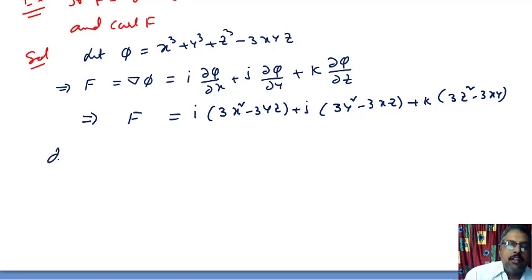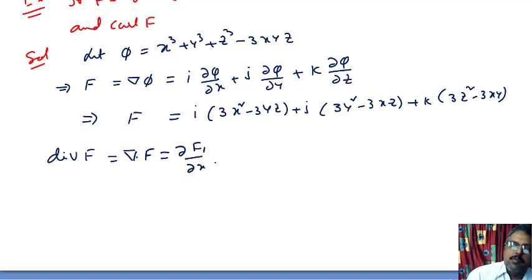Now how to find the divergence of F? Divergence of F is del dot F. What is del dot F? Dou f1 by dou x plus dou f2 by dou y plus dou f3 by dou z.